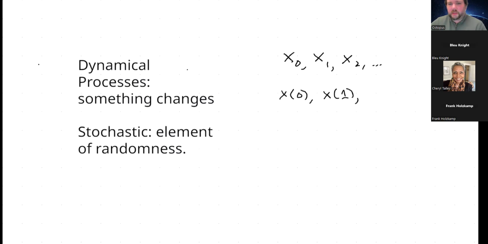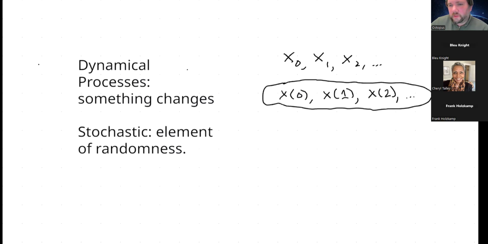This means x is something I'm measuring at a particular time. These are equivalent ways, they're just different notations. And I prefer this one. But I want to say that so that if you look at a different resource and they use this subscript notation, it's equivalent.